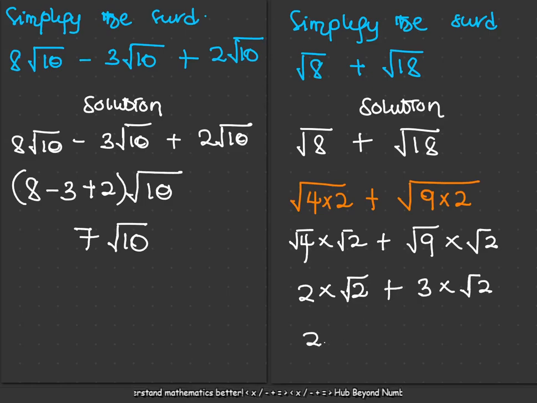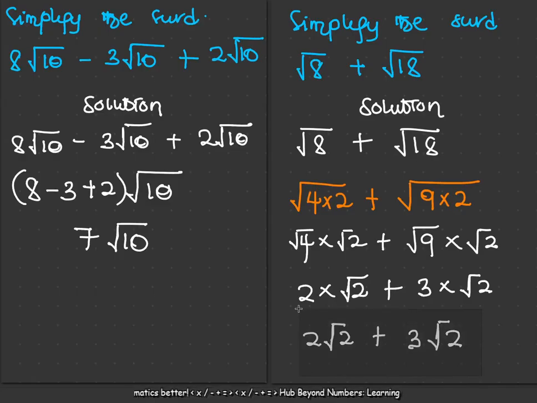Simplifying further, we have 2 root 2 plus 3 root 2. It's actually root 2 and not root 3.